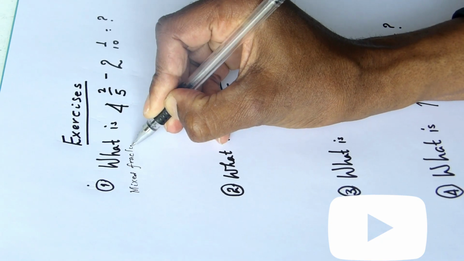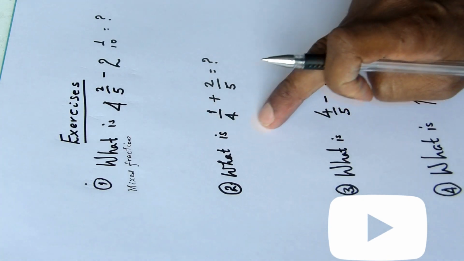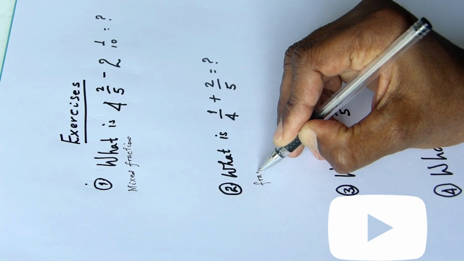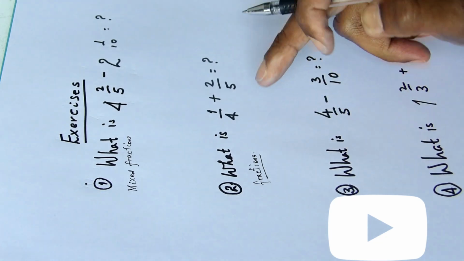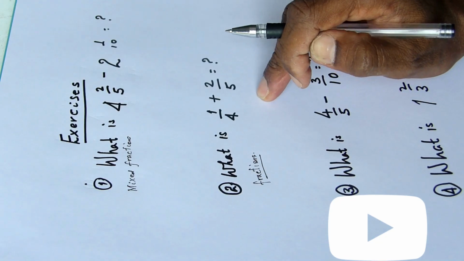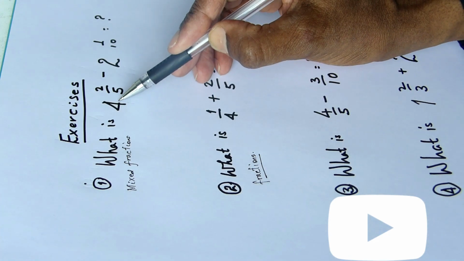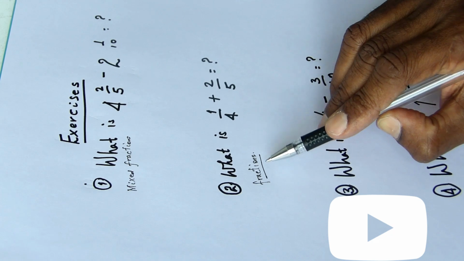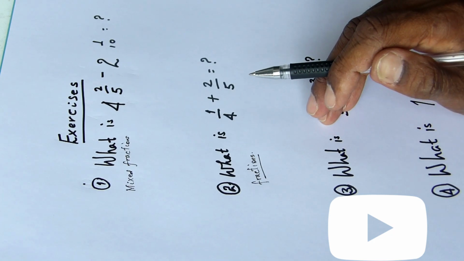This type is simply fractions. So they are different, as you see. This one is a mixed fraction, which has a whole number, but here it is just a fraction. We call it simply fractions.